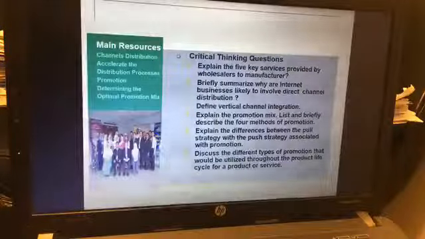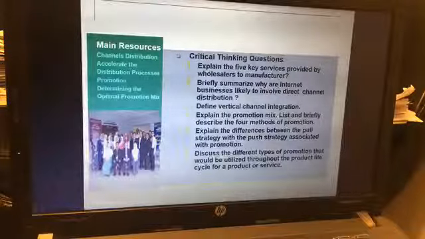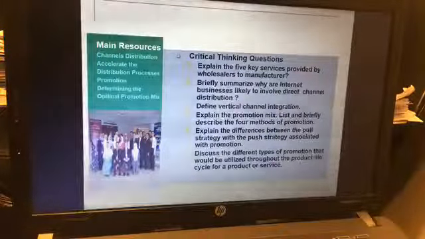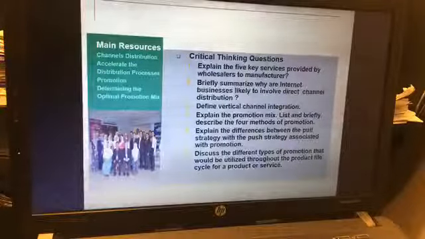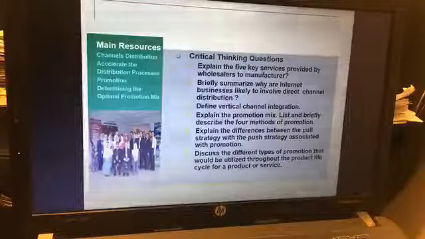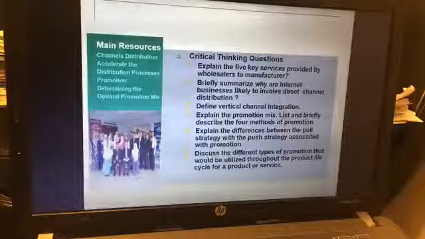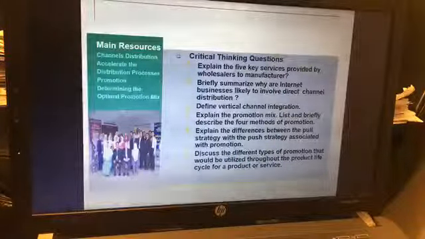Number 4, explain the promotion mix and briefly describe the 4 methods of promotion, which are advertising, personal selling, sales promotion, and public relations. Number 5, explain the differences between the pull strategy and the push strategy associated with promotion, and which is the best, whether you go for the pull strategy or the push strategy.